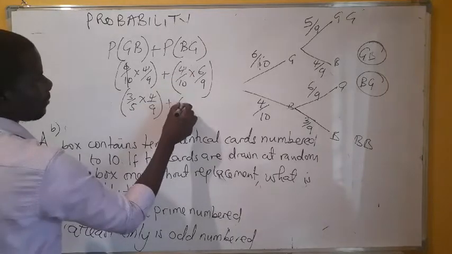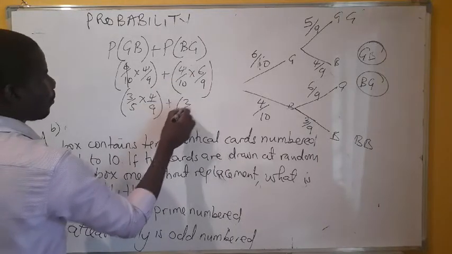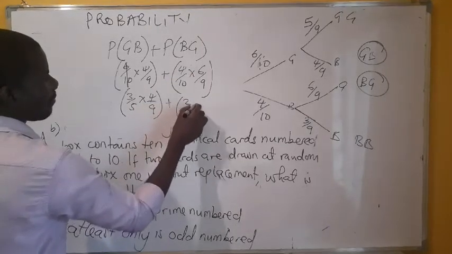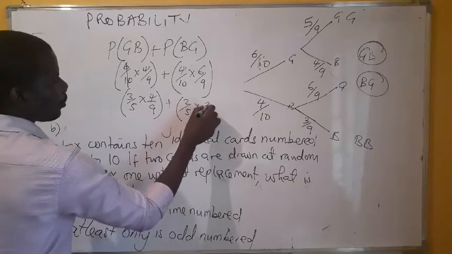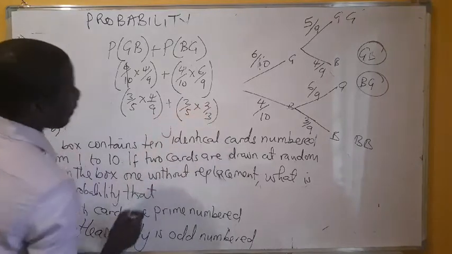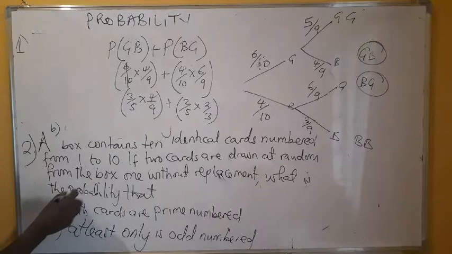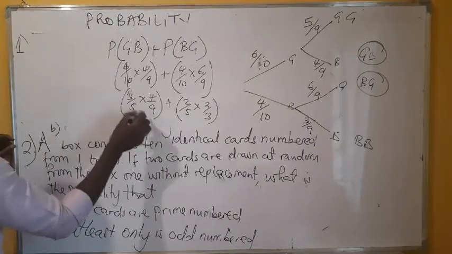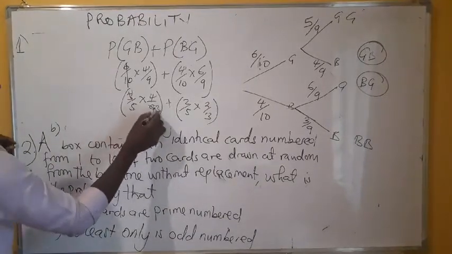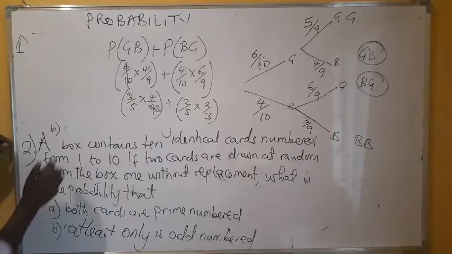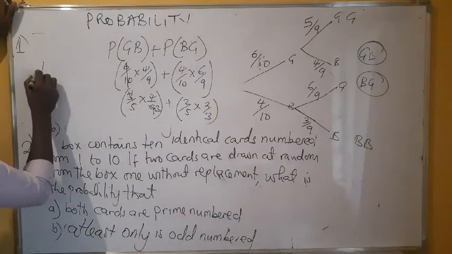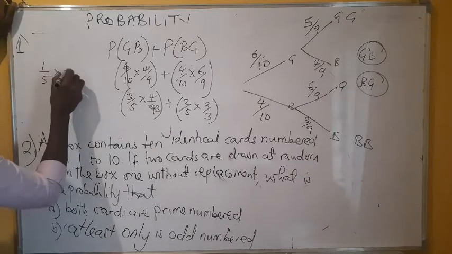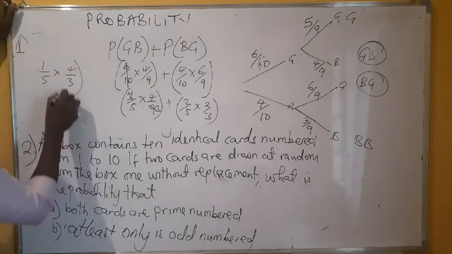Plus, we can also simplify this one as 2 over 5 multiplied by 2 over 3. Okay? I want to go further. This one, we can have 1 here, and here we can have 3. So the first one, we have 1 over 5 multiplied by 4 over 3.